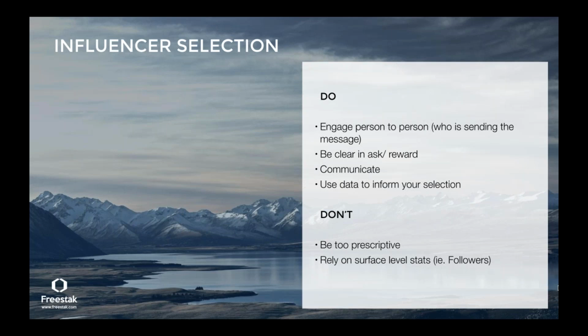But I think the best relationships that are made are between people, so don't be shy to speak to them as a person. Being really clear in the ask and the reward is absolutely crucial, and Simon mentioned exactly why. It prevents any frustration, and honouring that is crucial, but making sure from the outset that you're really clear in that.